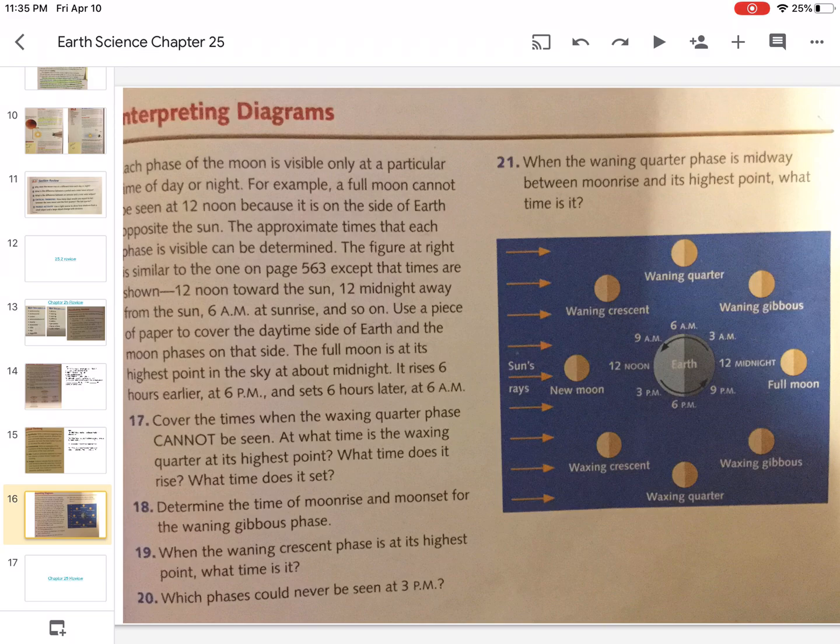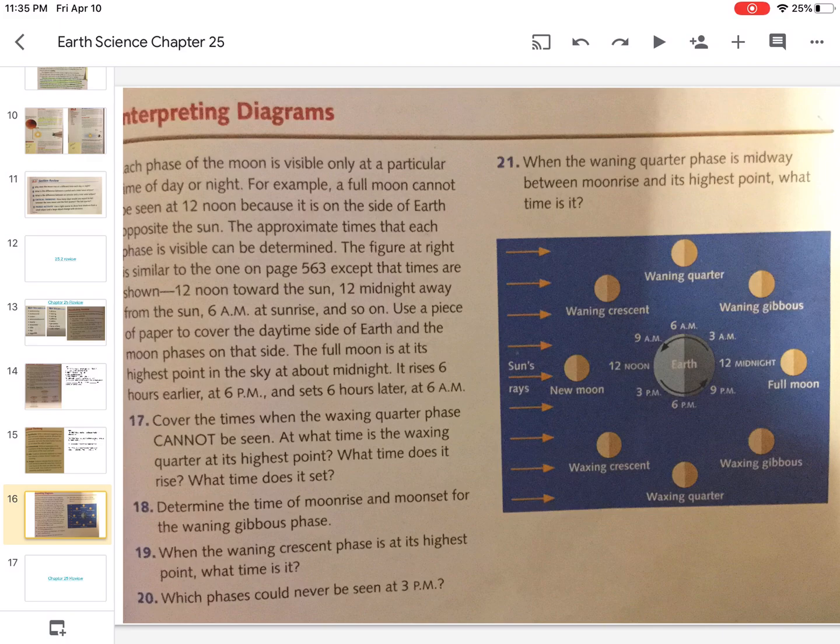So it's at its highest point at 3 a.m. So I'm going to move over to my left 2 times to the waning crescent, 9 a.m. Okay, and then go back to where I was before at 3 a.m. and then move over from there 2 times to 9 p.m. So it's a shifting 2 times.